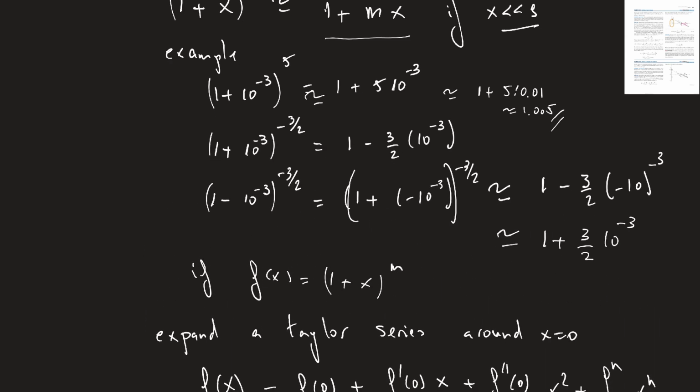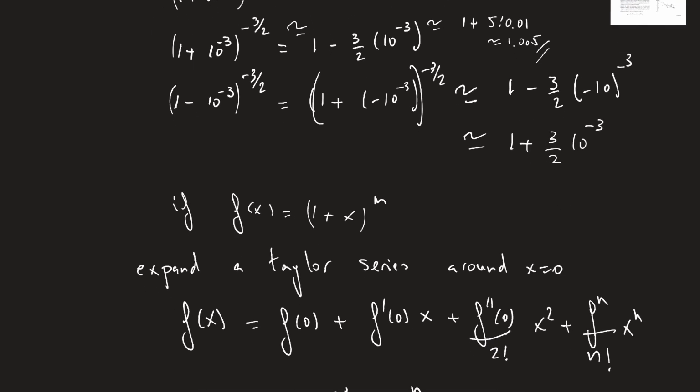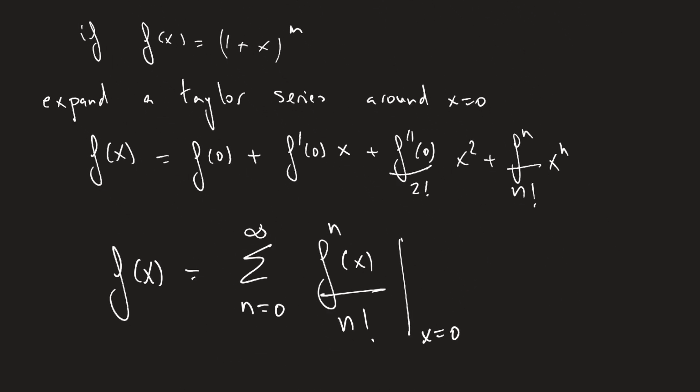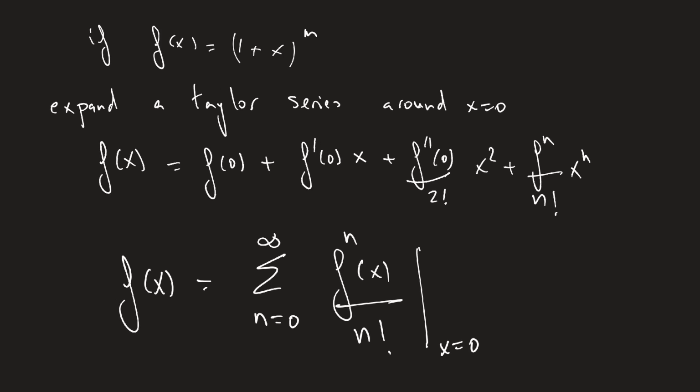If you remember, the Taylor series expansion of any function around 0 will be f of 0 plus the first derivative evaluated at the point 0, times x, plus the second derivative evaluated at the point 0, times x squared, and so on. It will be a polynomial in x, x squared, x cubed, x to the n.